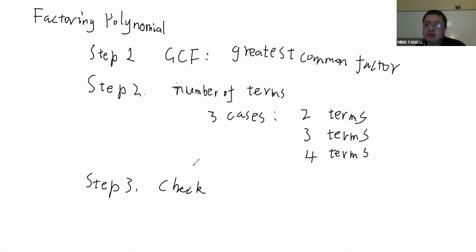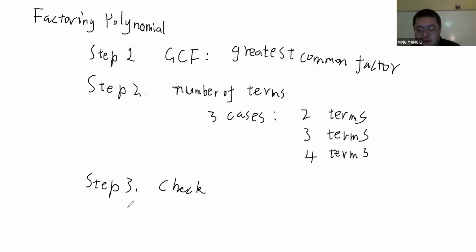Then step 2, after you factor out the greatest common factor, tells you to check how many terms you have in this polynomial. In this course, mainly you will have either 2 terms or 3 terms, maybe 4 terms. There might be some other cases, but in general, it always satisfies one of these 3 kinds of problems. Otherwise, our general strategy doesn't really apply, or you need some trick.